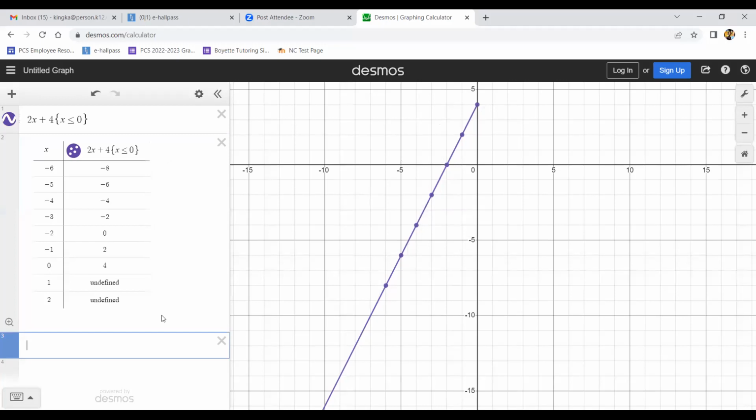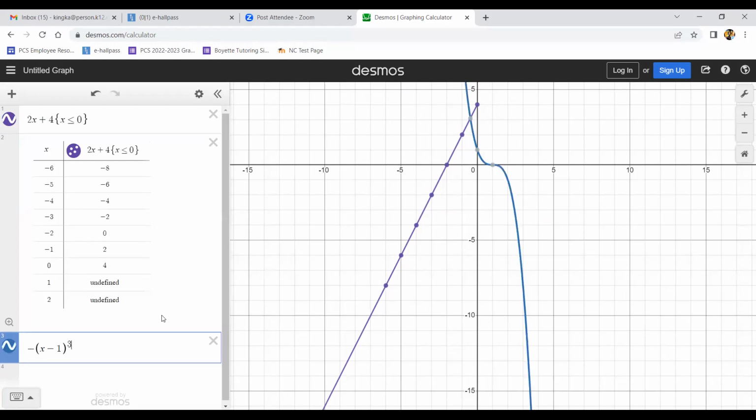Now we're going to type the other part. So, negative x minus 1 to the third plus 2. Okay. And I don't want to keep the whole thing. I'm going to do squiggly bracket x greater than 0.